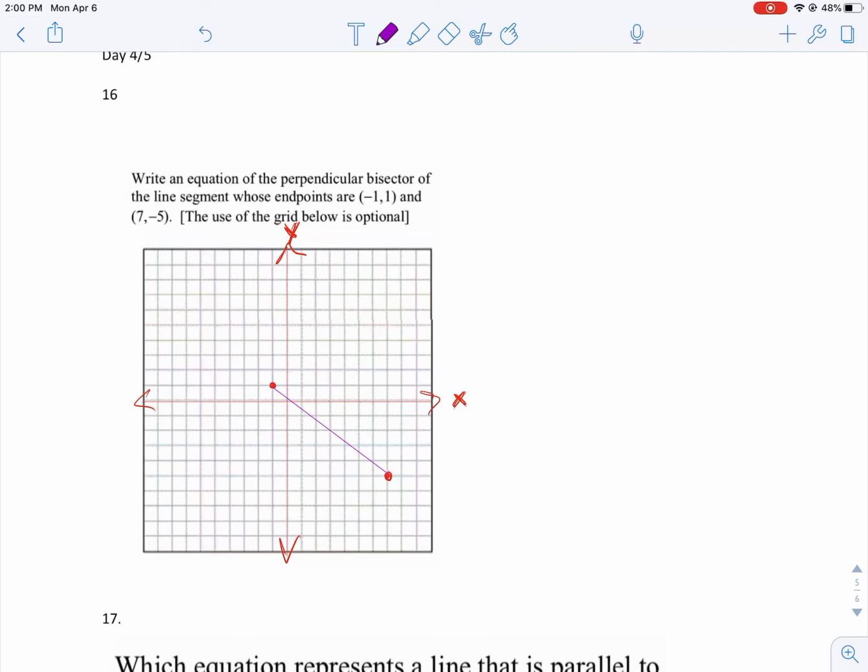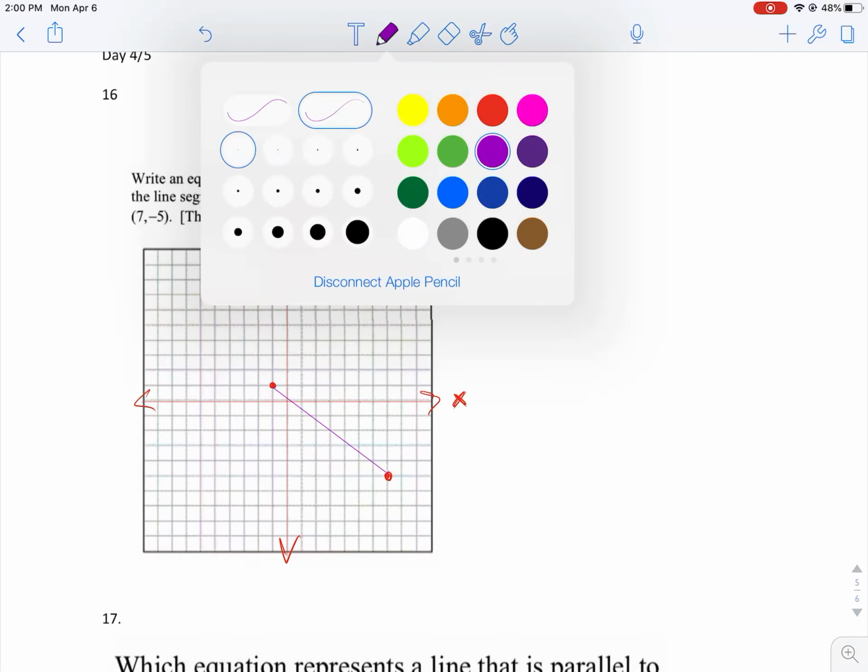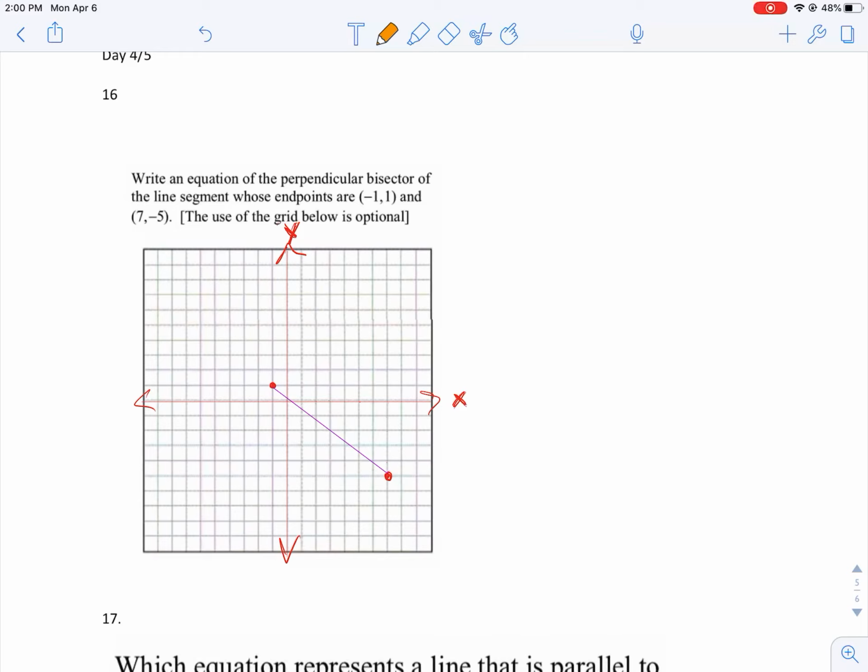So we want to write an equation of the perpendicular bisector of that line. What that means is we want to cut this line in half. Judging by where that looks, it would probably be somewhere right about on that orange dot, if I'm just guesstimating, and that point is (2, 3). I don't know that for sure, but how I can find that out is the midpoint formula.